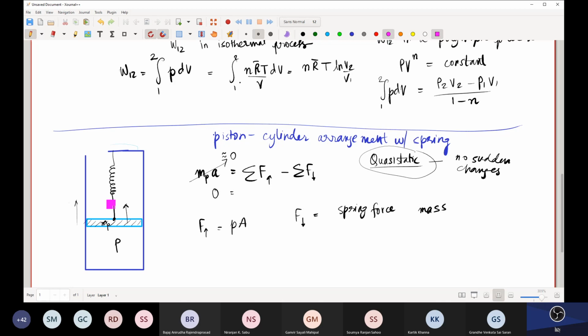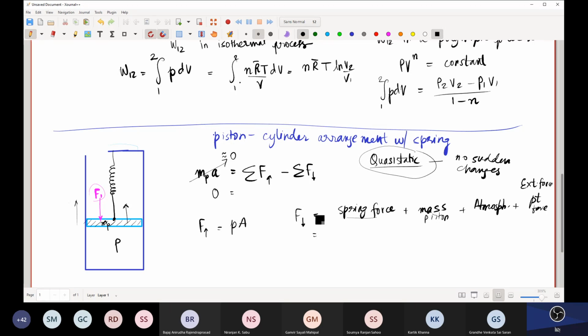All right. So let us say that apart from this, there is always some point force F1. This is just to make this derivation very generic. So the total downward forces will be due to the spring plus the mass of the piston itself. Then there will be atmospheric pressure, and what else will be there? There will be this point force, any other external force, and in this case it's a point force.